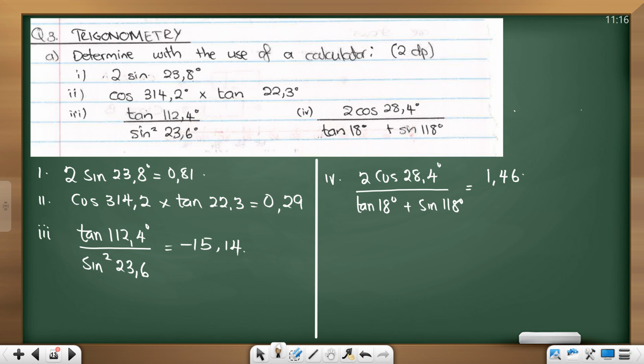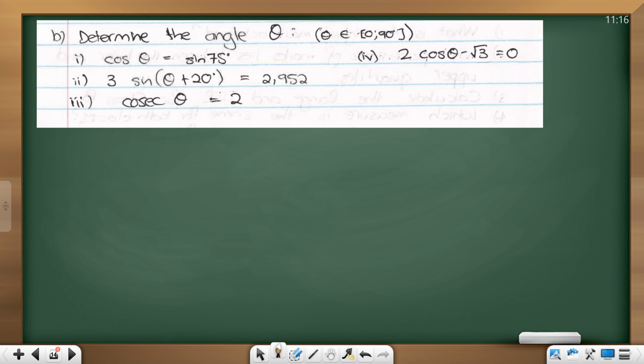Do you know your special angles? Start a calculator. Okay, all right, let's quickly walk through this first. Determine the angle theta.